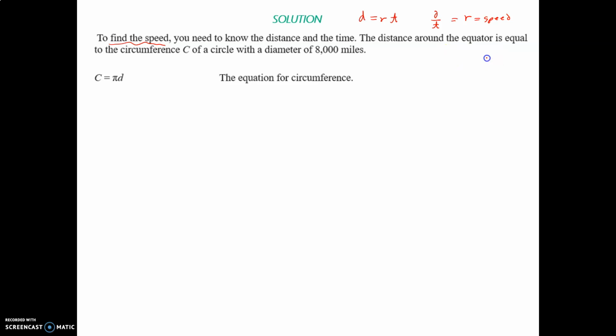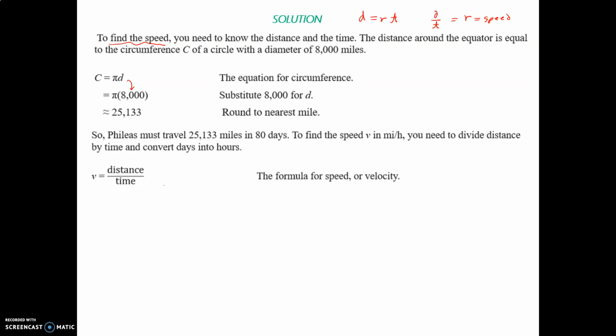The distance around the equator is equal to the circumference of a circle that has a diameter of 8,000 miles. So if the diameter is 8,000, I put that in for d, and when I multiply and round to the nearest mile, I get 25,133. So that is the distance around the Earth. So Phileas, I guess, must travel 25,133 miles in 80 days.